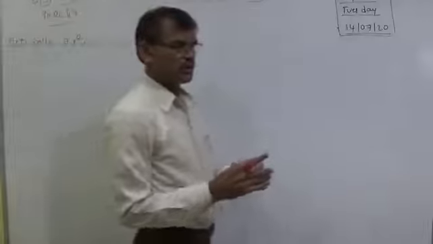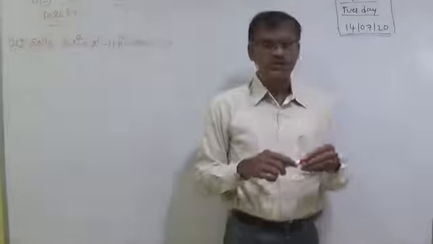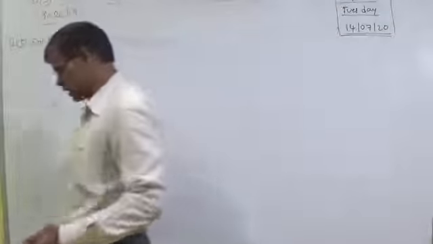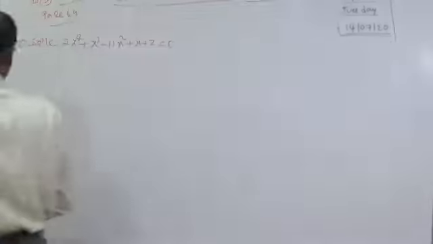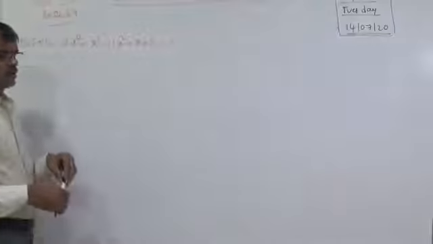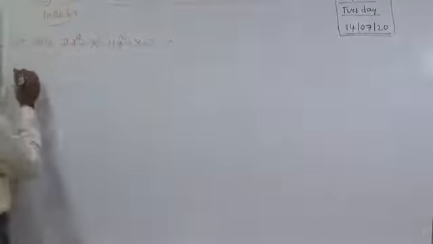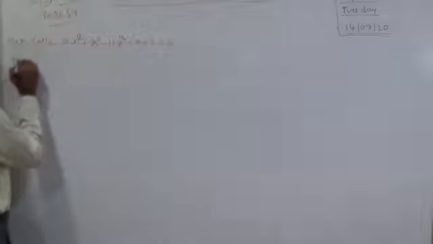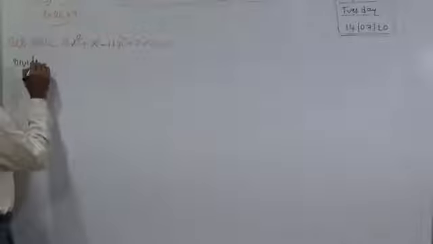We should solve the general reciprocal equation by dividing by x square on both sides. I said the proforma in the previous class.